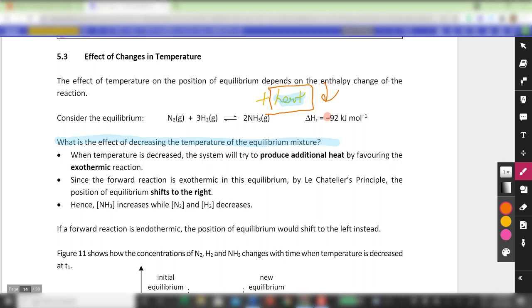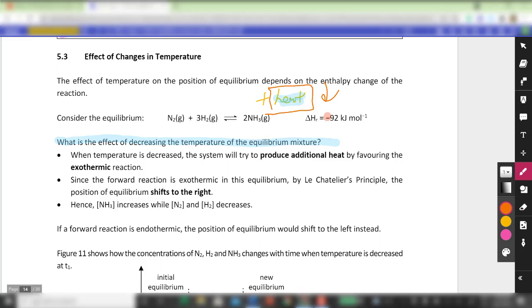So the position of equilibrium wants to shift to the right, because I want to release back the amount of heat that's being removed. It's not a one-to-one exchange, but the system at equilibrium will sense the change, so it will shift to the right to produce more heat.